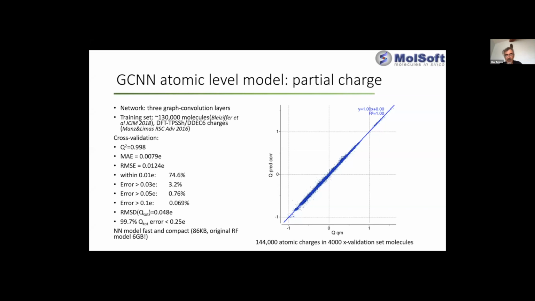RMSE, for example, is about hundredths of an electron charge, near perfect, and significantly better than what is reported for the RF model. The RF model is also way bigger. It takes 6 gigabytes, so just loading it takes a while, right? Our neural network is 86 kilobytes in size, the parameters of the model. So this was quite encouraging.